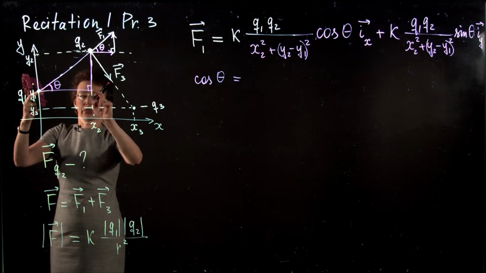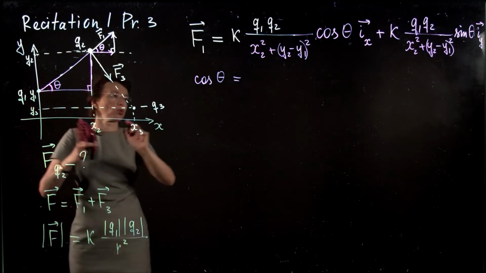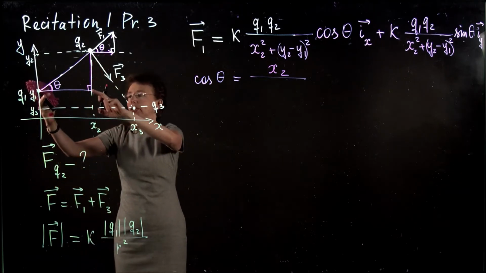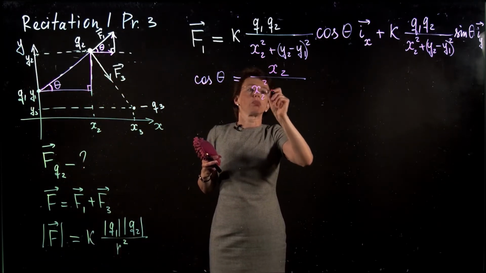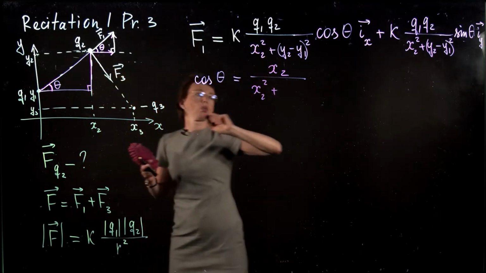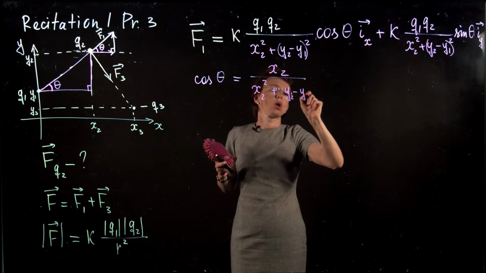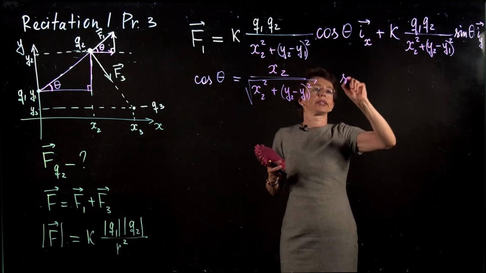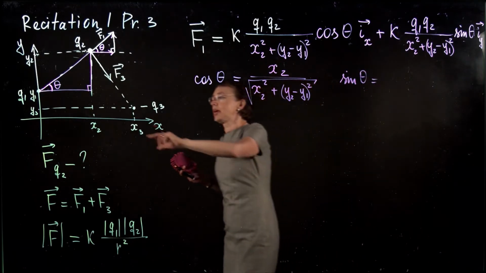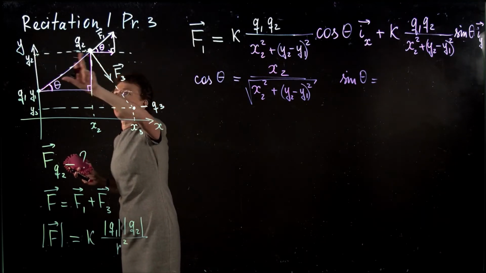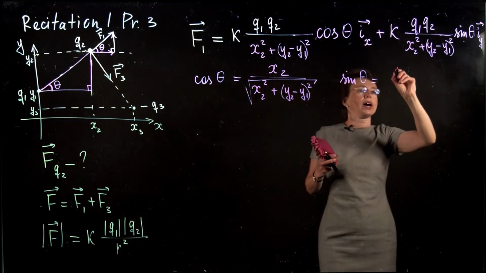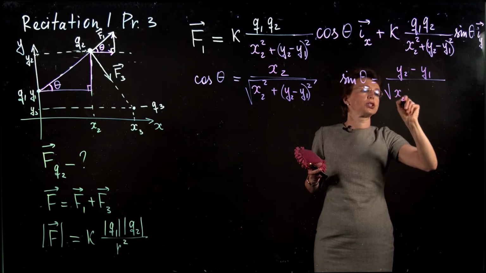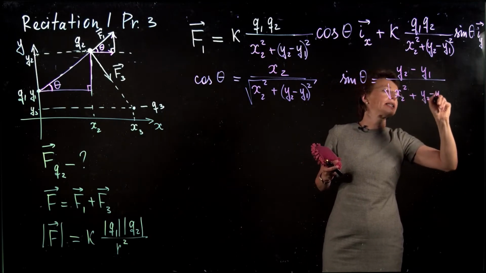Cosine theta is this adjacent leg, which is x2, divided by the hypotenuse, which is the square root of x2 squared plus y2 minus y1 squared. This is cosine theta. And sine theta is the opposite leg, which is y2 minus y1, divided by the hypotenuse, the square root of x2 squared plus y2 minus y1 squared.